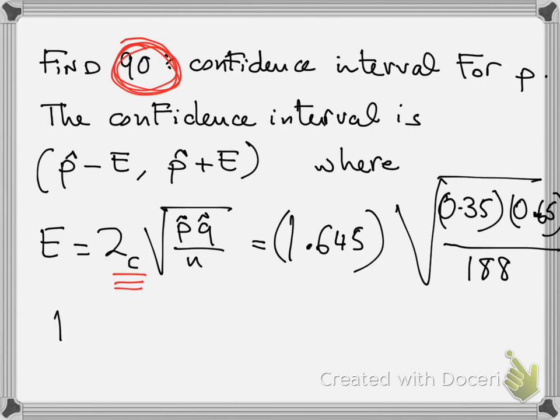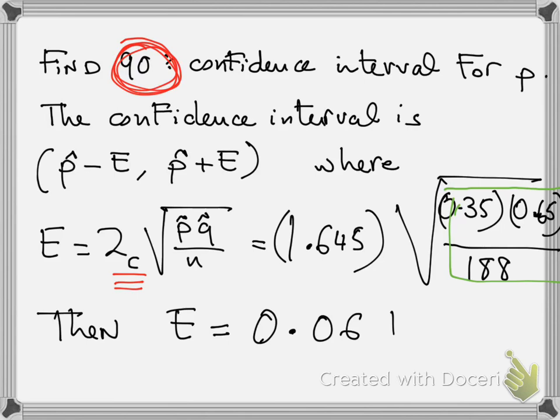When you do the operation, first multiply at the top, then divide, and then take the square root of the whole thing. Then the margin of error e is equal to 0.06.